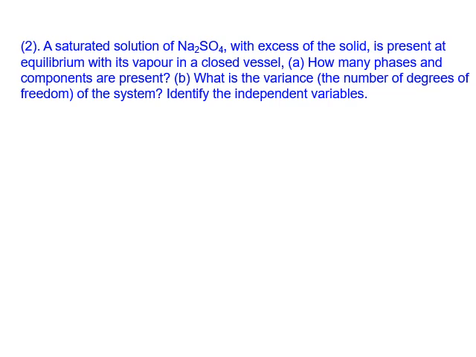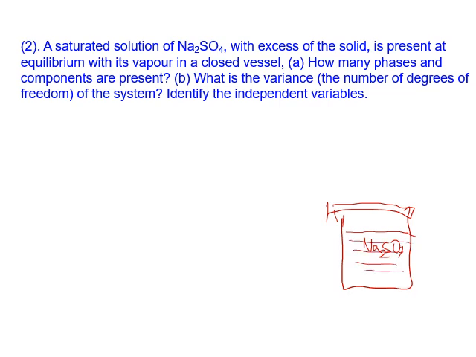Question 2. A saturated solution of sodium sulfate with an excess amount of solid is present at equilibrium with its vapor in a closed vessel. So here is a closed vessel with water and the sodium sulfate dissolved into it, and because it is saturated, there are some solids of sodium sulfate in it.